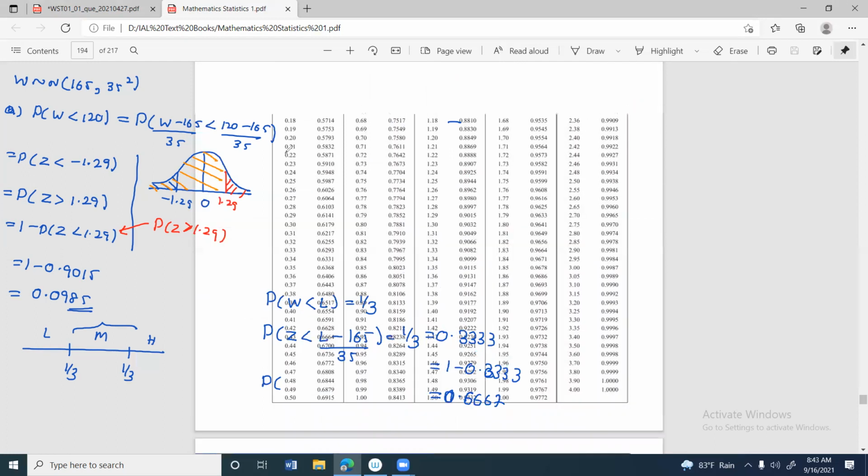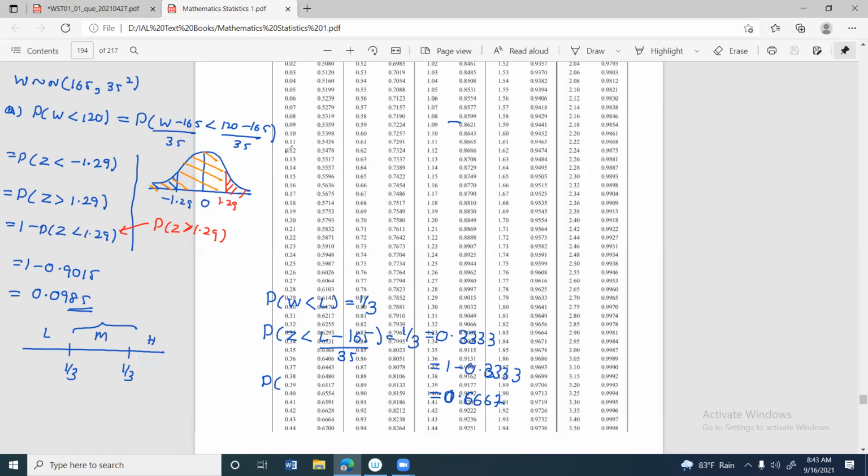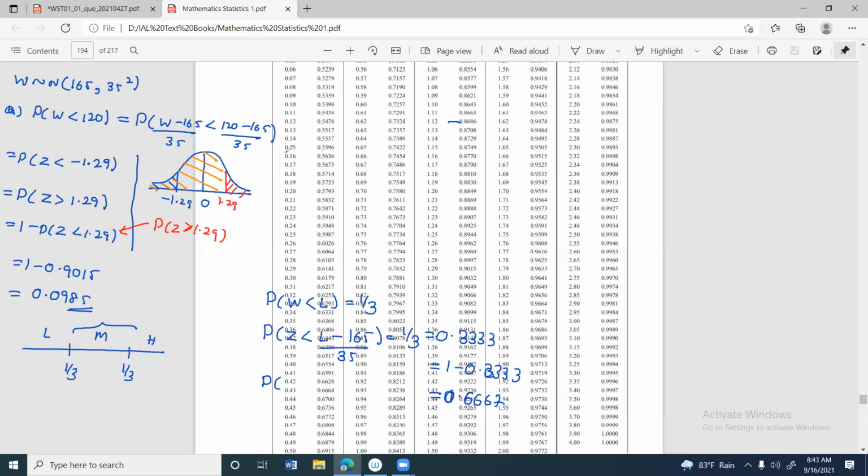So we go with the closest figure, 0.43, and you have to put a minus in front of it. That's the technique we use: for the lesser region, if this probability is too small, we take 1 minus that answer, read it, and put a minus in front of it, right?